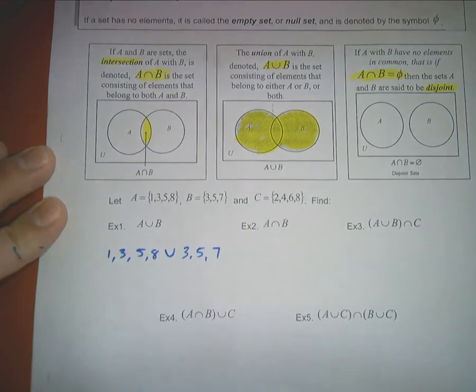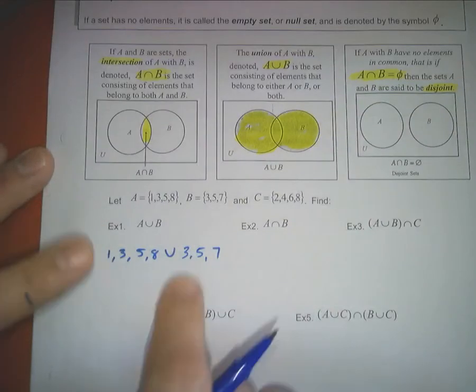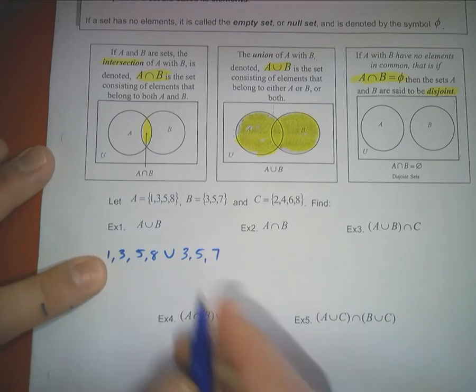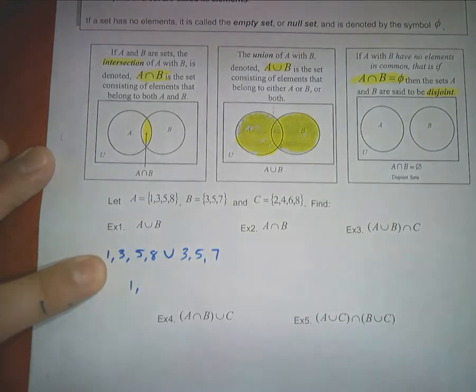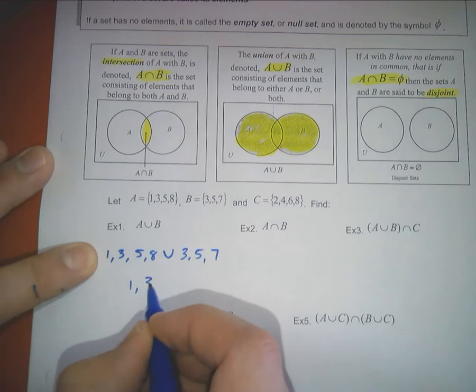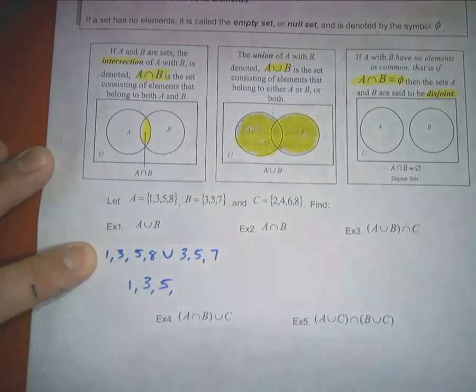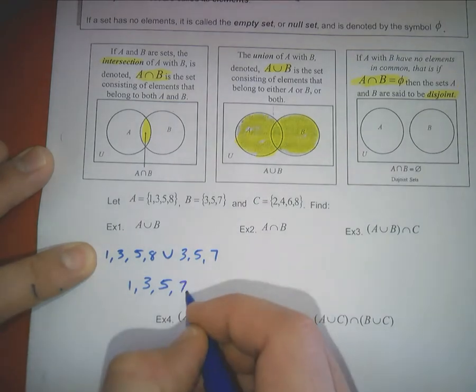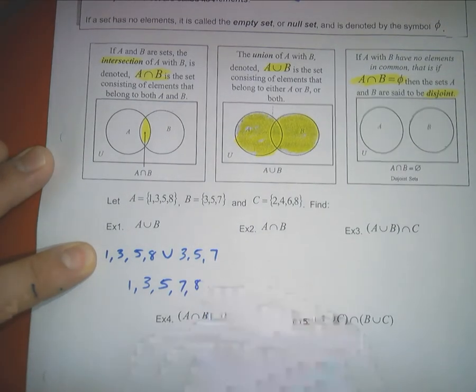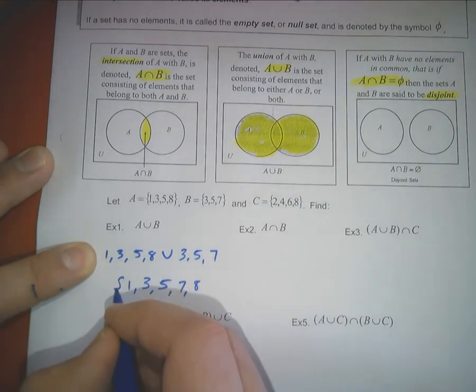So union, again, means put them together. And when you put them together, you don't write them twice. Okay, so union is a marriage. So put them together. I got 1. I got 3 and 3 only write at one time. I usually write these in numeric order. So 5, and then 7, and then 8. And then that's my set.